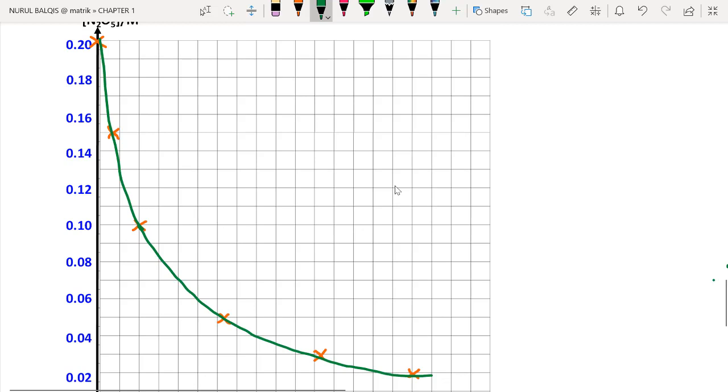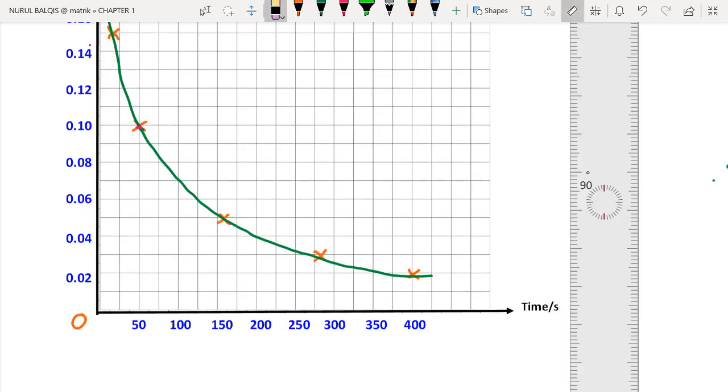Then once you have plotted the concentrations of N2O5 against time, next step you need to determine the first and second half-life. You cannot do only the first half-life, because from the first half-life you cannot determine what kind of reaction this is. So we need to do it 2 times. Half-life means you reduce the concentration to half of its initial concentration.